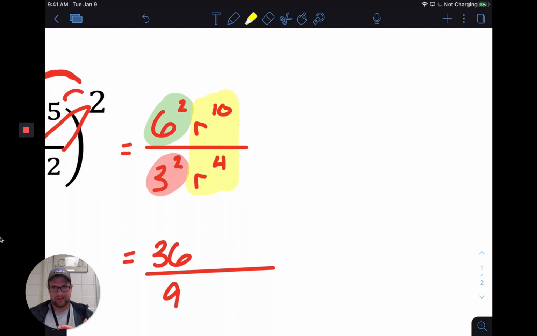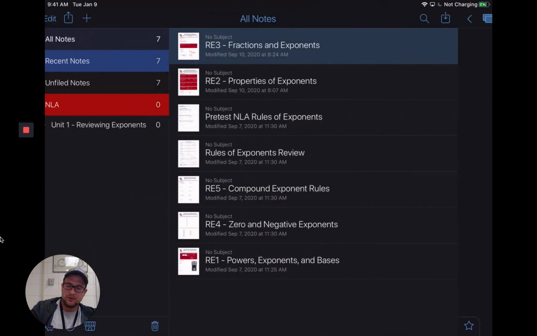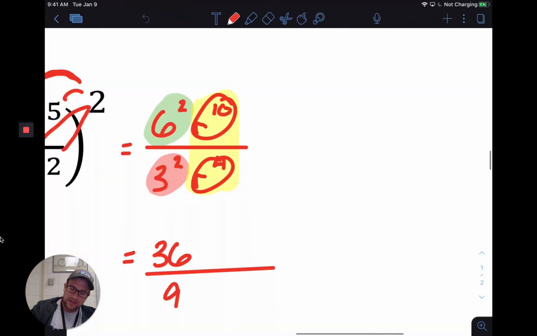And we know quickly the top is going to be the one that has more. And our question to ourselves is, I know they're going to cancel each other out, but how many more does it have? Because if I knew how many more it had, I would know how many are going to be left over. And we know that r to the 10th has 6 more r's than there were down here. So that means we're going to be left with 6 r's at the very end of the day.